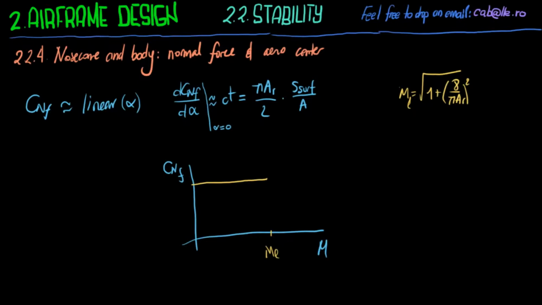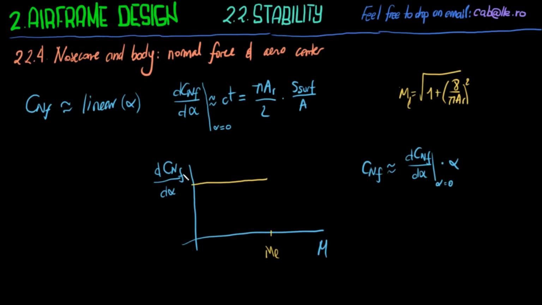This is the derivative. Okay. So in this area, we can approximate Cn of the fins as approximately the derivative around 0, because we always have small angles of attack, times alpha.